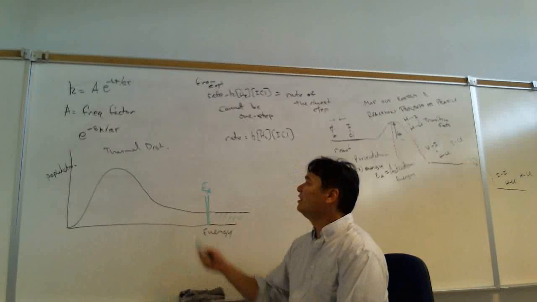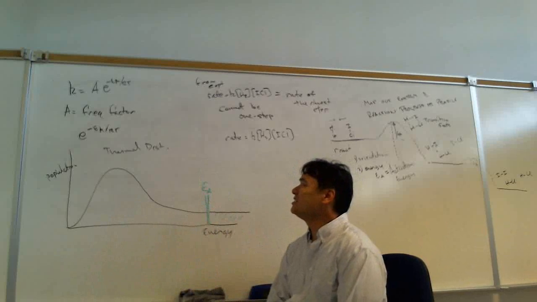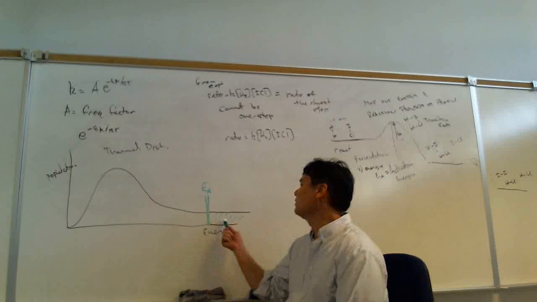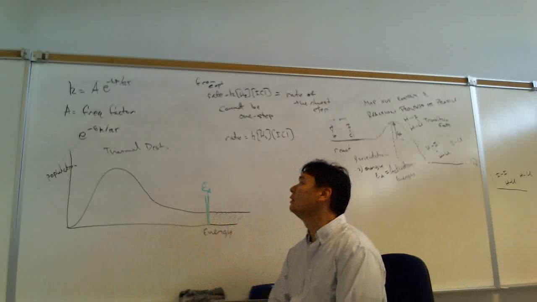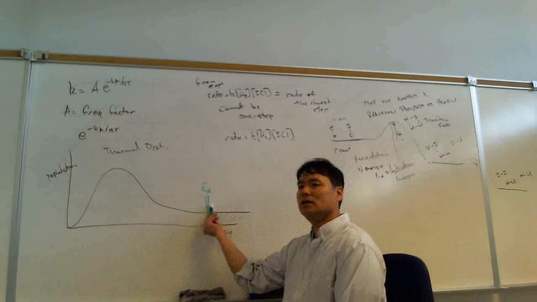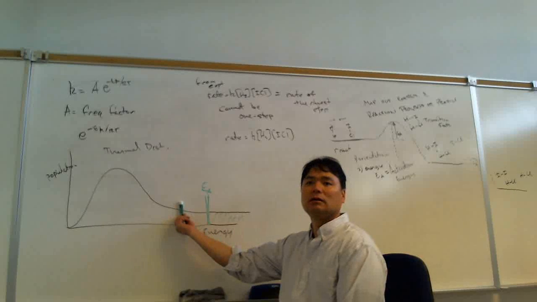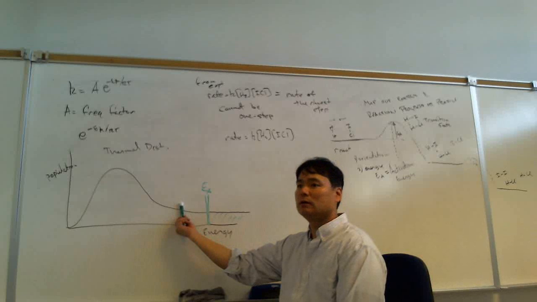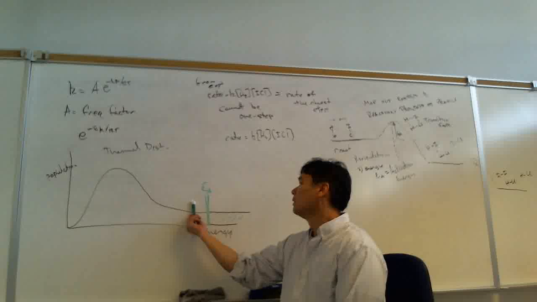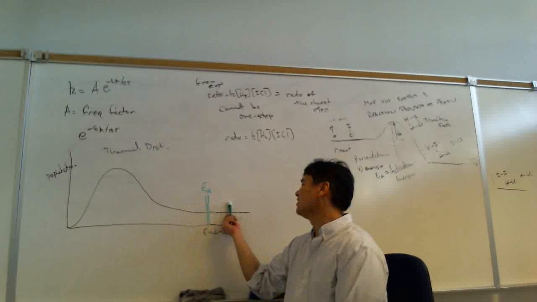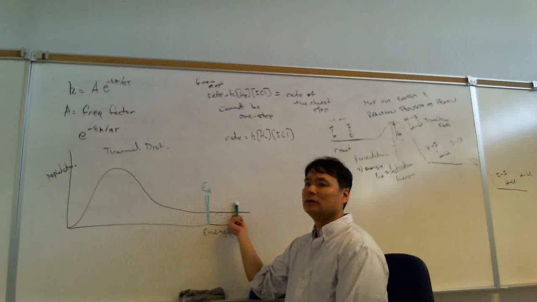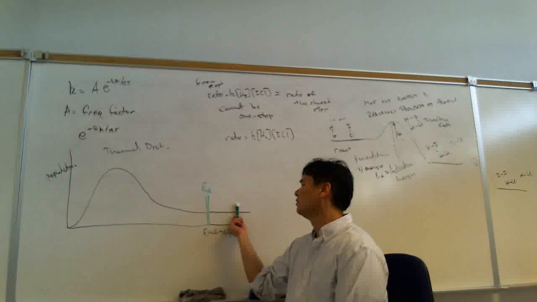And so what e to the minus E sub A over RT tells us is how this population changes with activation energy. The smaller the activation energy, the bigger the K, the more the collisions. The bigger the activation energy, the smaller the K. This is inversely proportional.